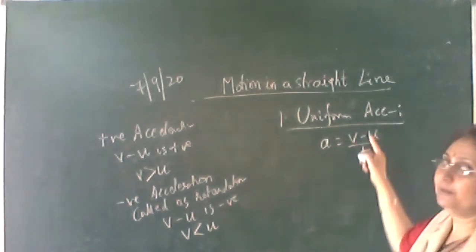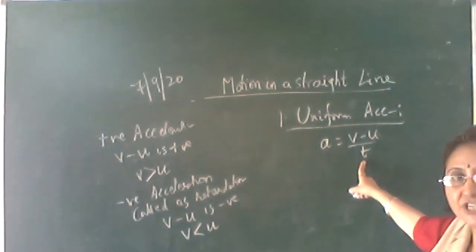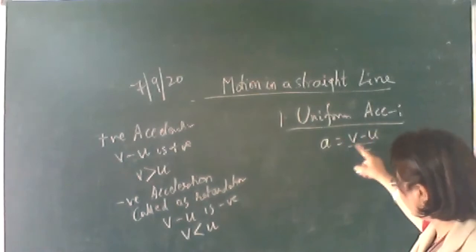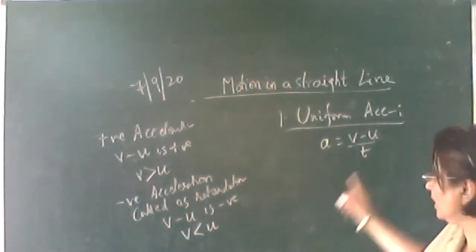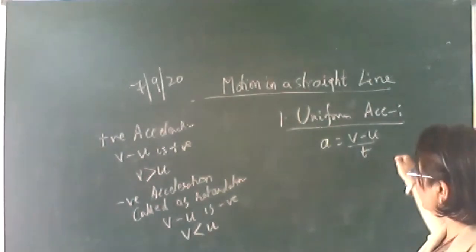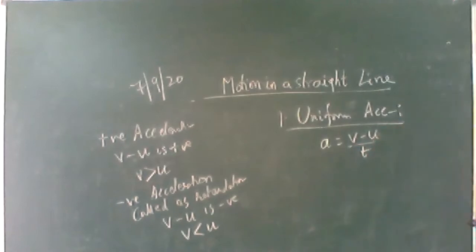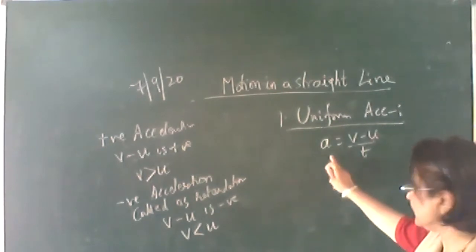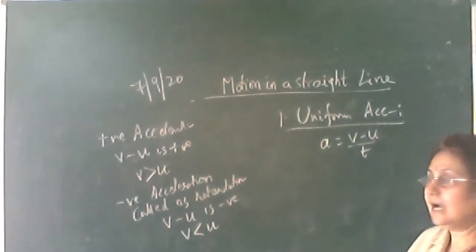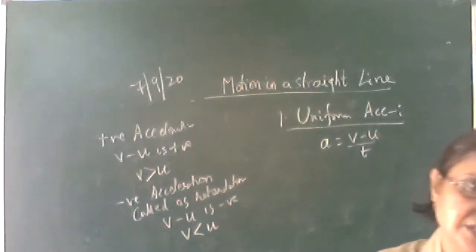Okay, if the numerator is changing equally with the change in time, that is, if the change in velocity is equal in equal intervals of time. So in equal intervals of time, if v minus u is changing equally, then the acceleration will be constant, and such an acceleration we call it as uniform acceleration.